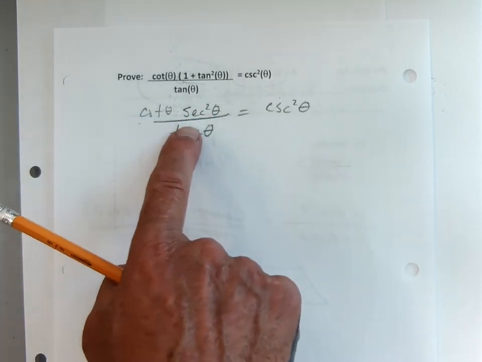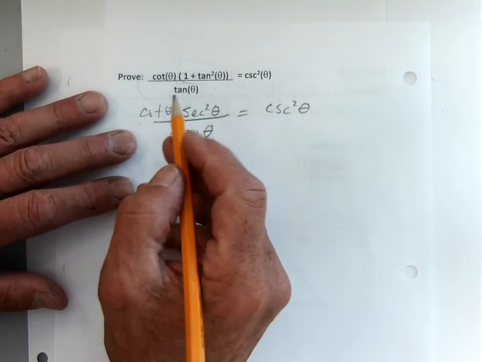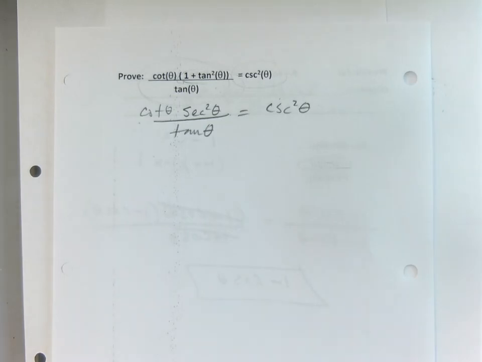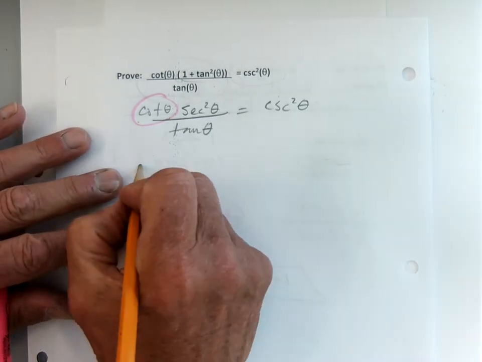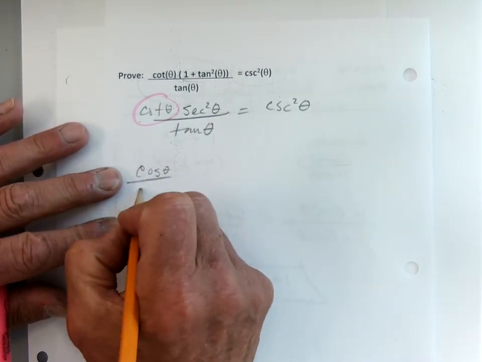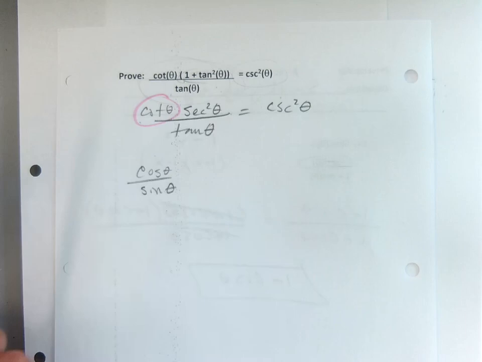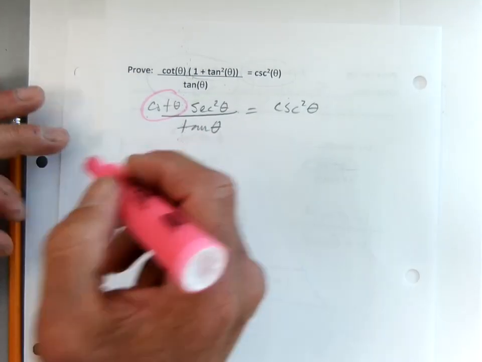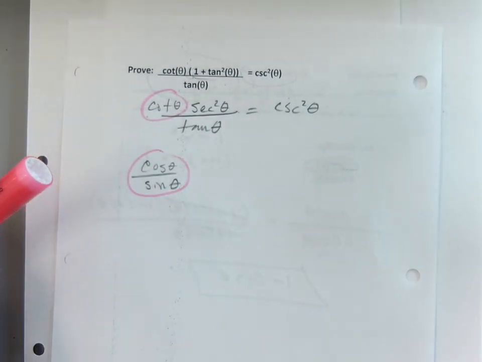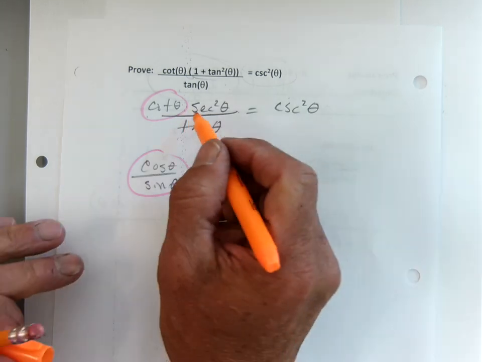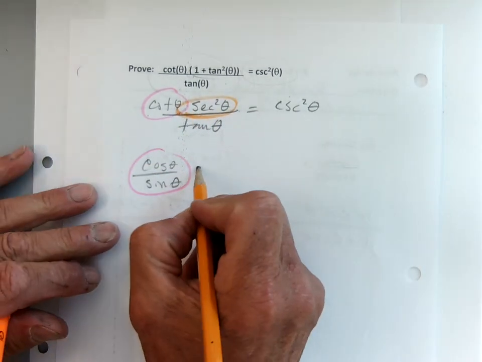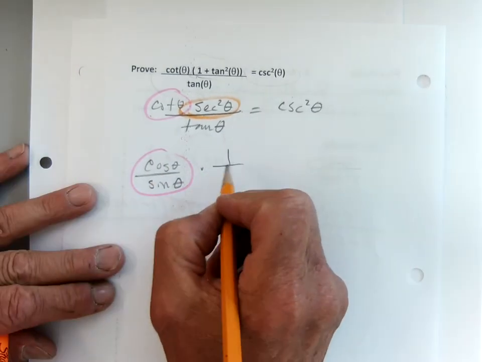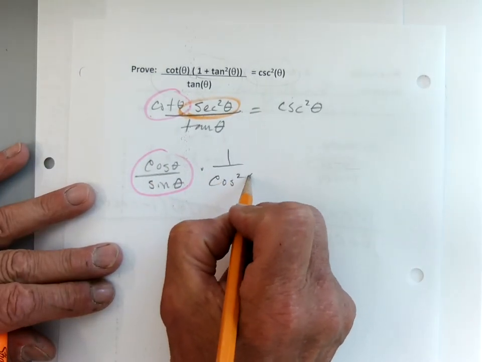Okay, so then from here, and I'll use colors to help you see it, I can change first cotangent into cosine over sine. I'll use colors, it's going to be much easier. And I can change secant squared into a 1 over cosine squared theta.